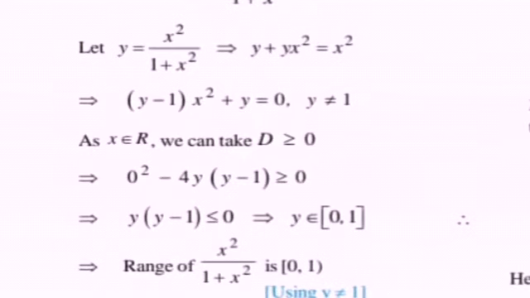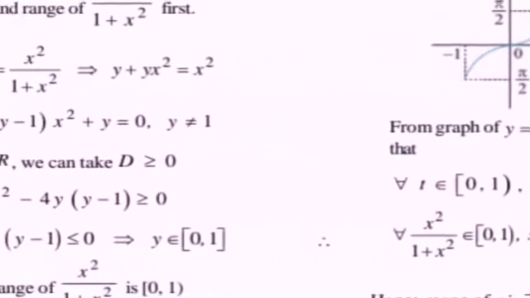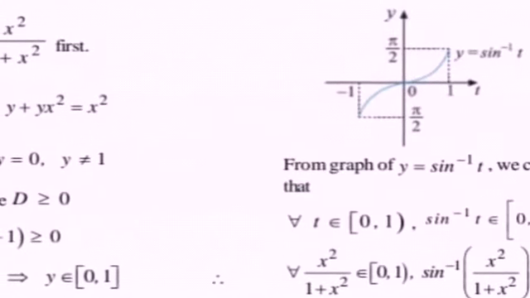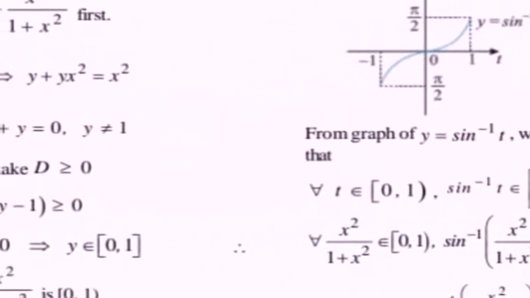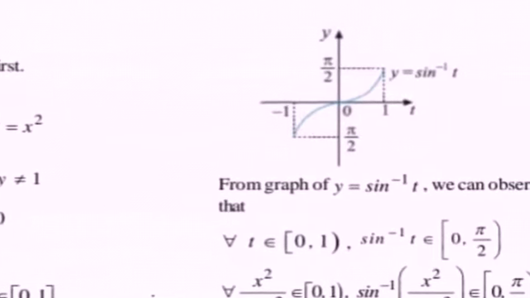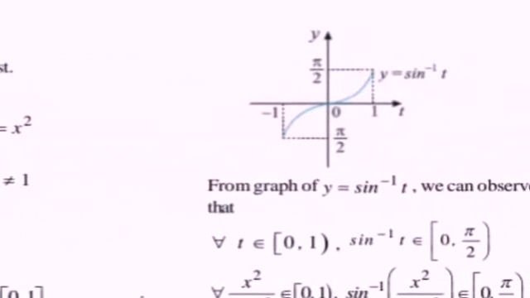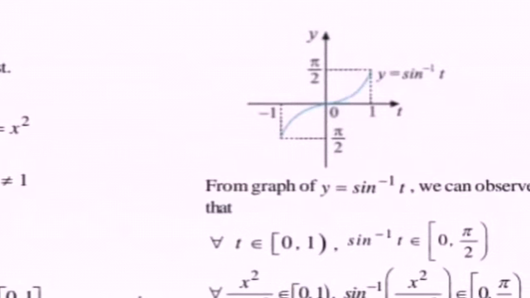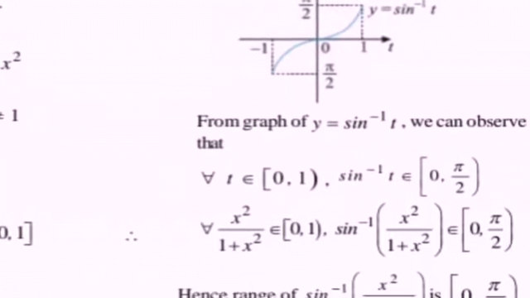As you know, the graph of sine inverse x lies between minus 1 to plus 1. From the graph, we can observe that for sine inverse t, you can assume t as x square upon 1 plus x square. So sine inverse t lies between 0 to pi by 2. So the range of sine inverse of x square upon 1 plus x square is 0 to pi by 2, a closed interval. So option B is correct.